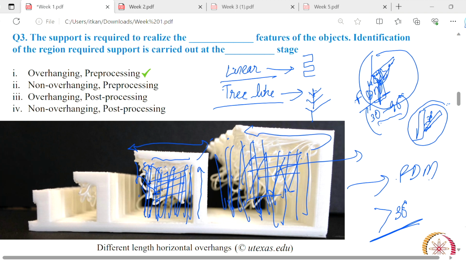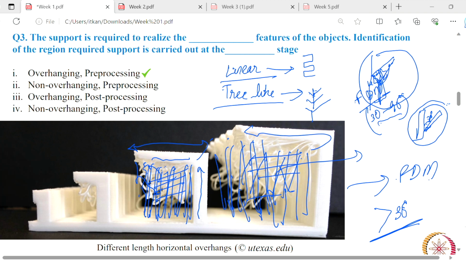now in the powder bed fusion process we have a bed and a component is sitting on that bed, and between these overhanging features we have powder particles.